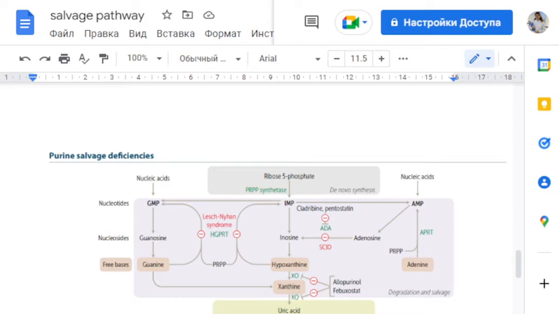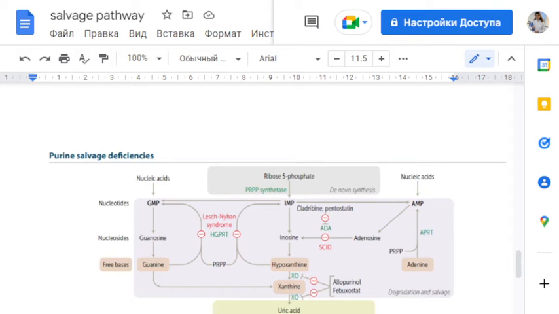If you have some complication here, something deficient here, you will make a lot of uric acid. So this excess amount of uric acid will be accumulating, right? First of all, it will accumulate in your joints, making gout, and in your kidneys, making stones, right?